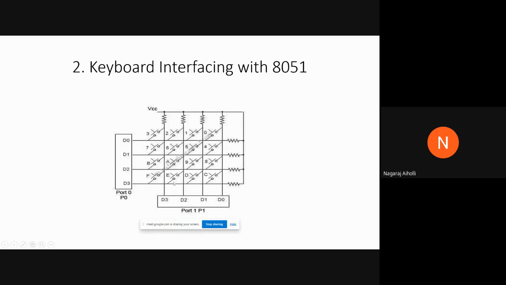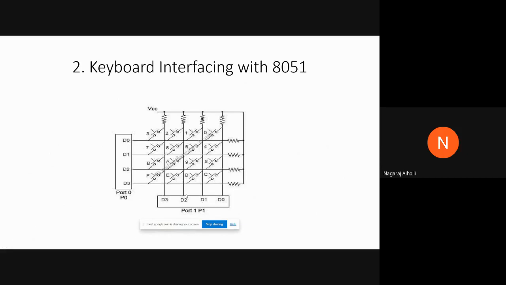Then if any key is pressed, say key number 2 is pressed, as 0 is available on the row, the VCC will be shorted to the ground. As VCC is shorted to the ground, it means that 0 is available on that column, that is column D2 here.